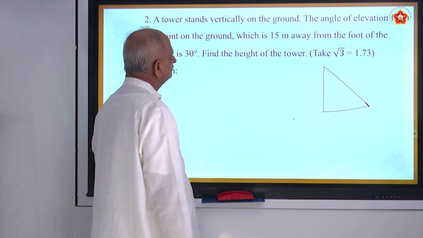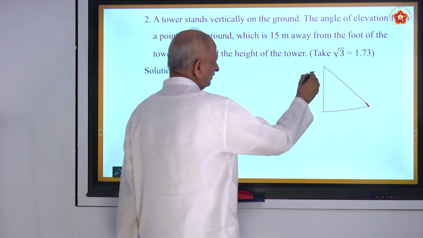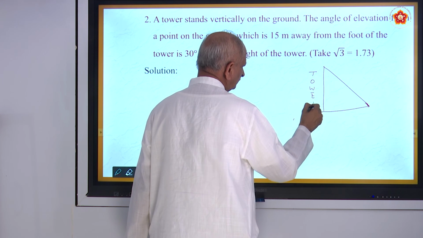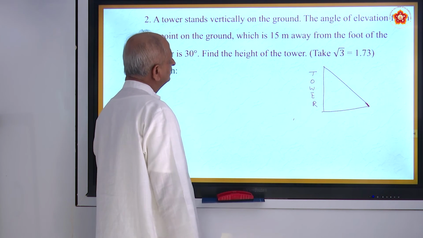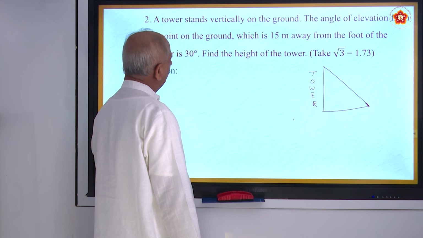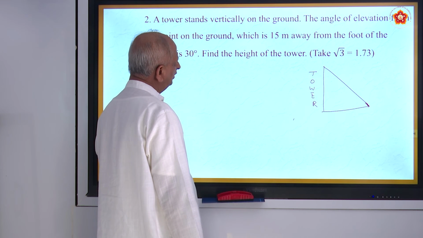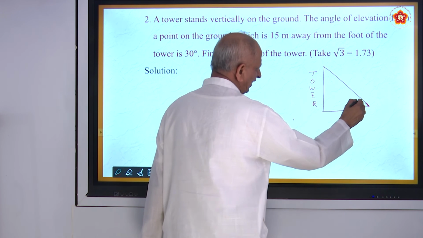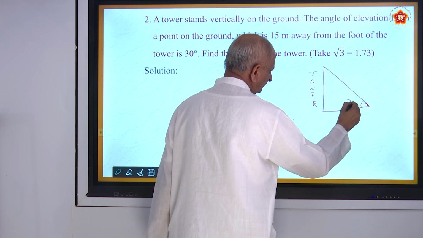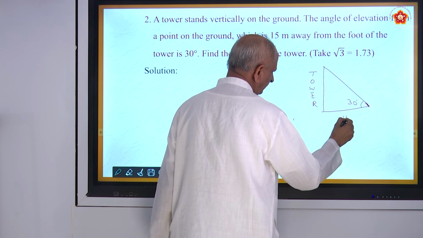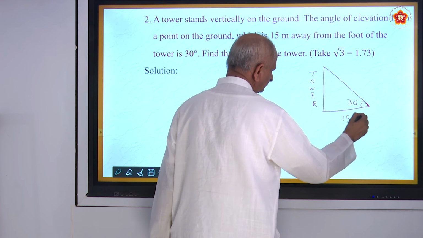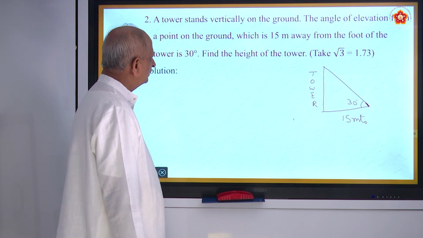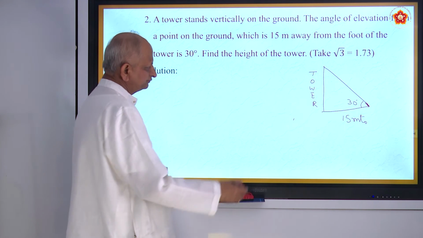Let us suppose this is a tower. The angle of elevation is from a point on the ground, and this distance is given as 15 meters. They are asking to find the height of the tower.